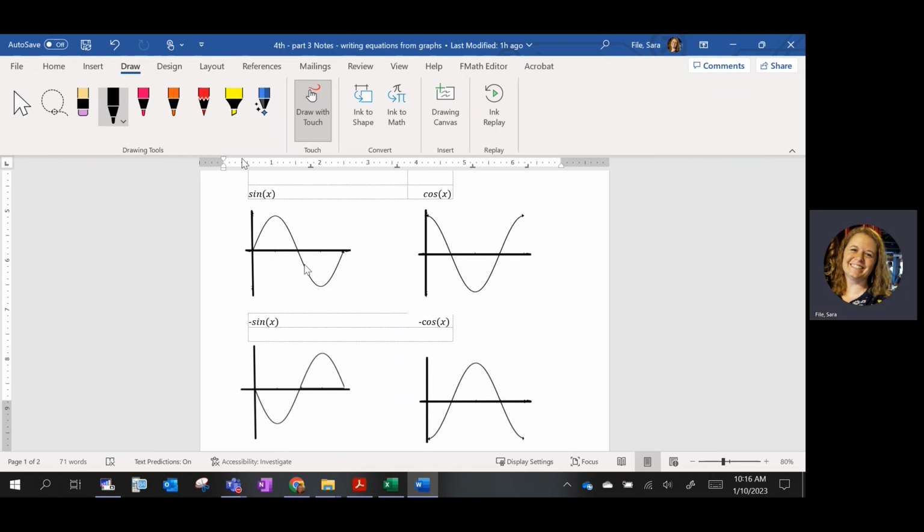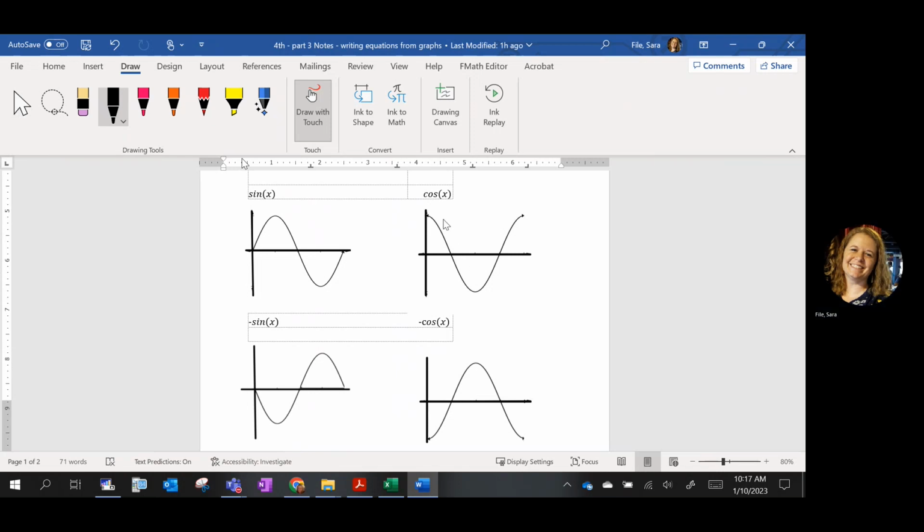Negative sine is the reflection of that over the x-axis. So we start on the midline, but we go down to the low first, and then up to the high and back to the midline. It's just a reflection of positive sine.